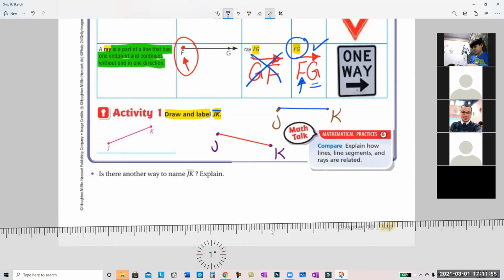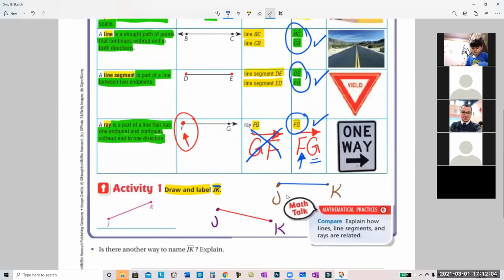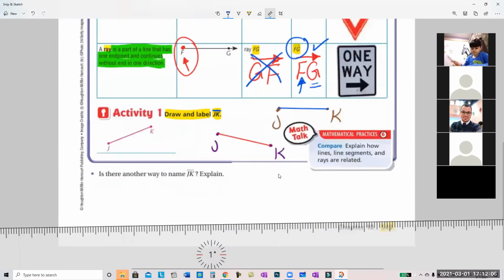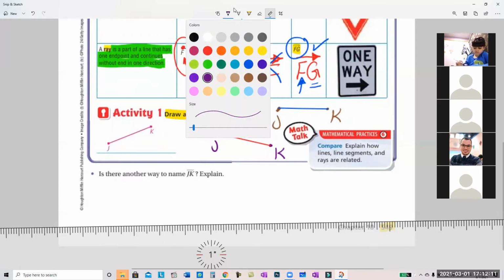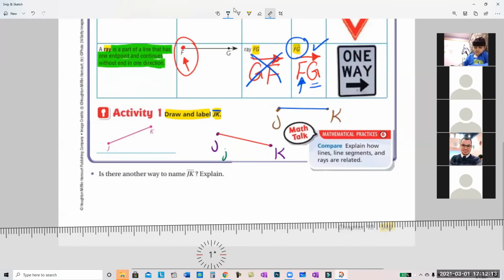Okay, but can we name it with another name? As we learned before, we can name it in two different ways. So we can name it JK, or we can name it KJ, right?